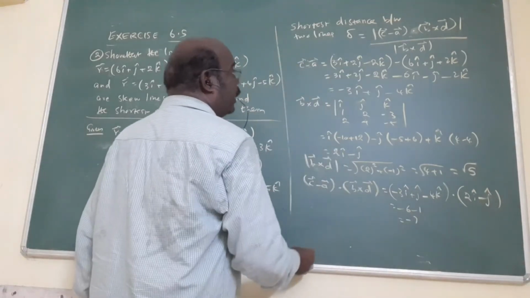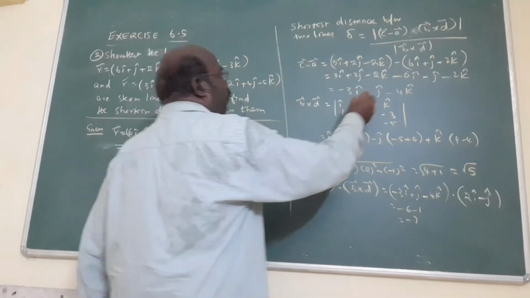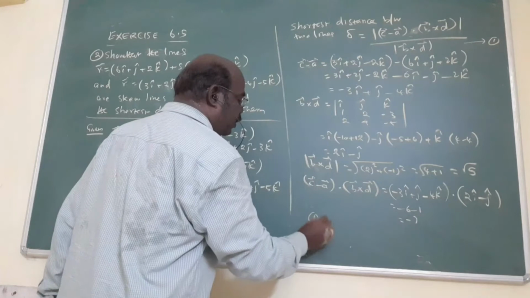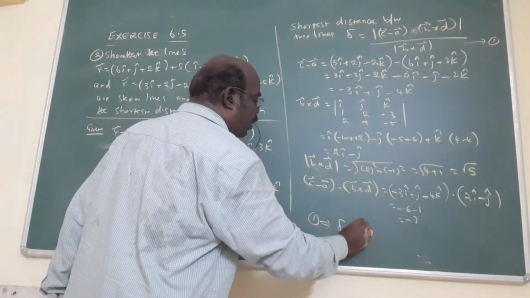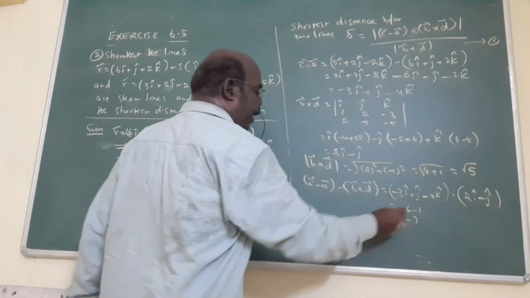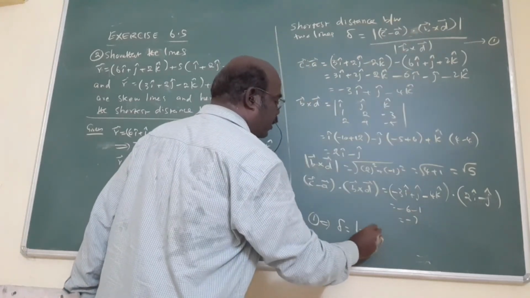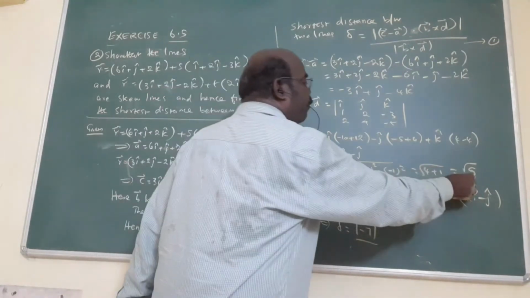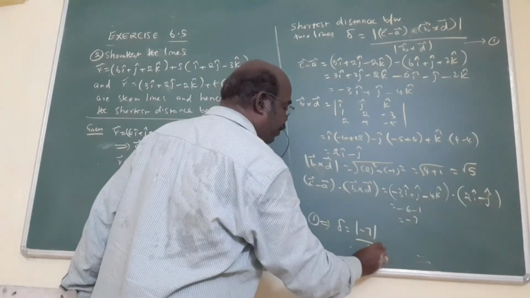Now, what is asked? Shortest distance. This is called the first equation. Then delta equals modulus of C minus A dot B cross D, which is minus 7, divided by modulus of B cross D, root of 5.